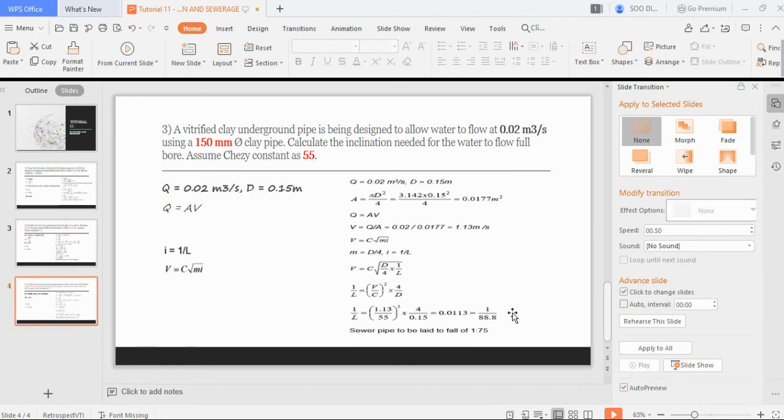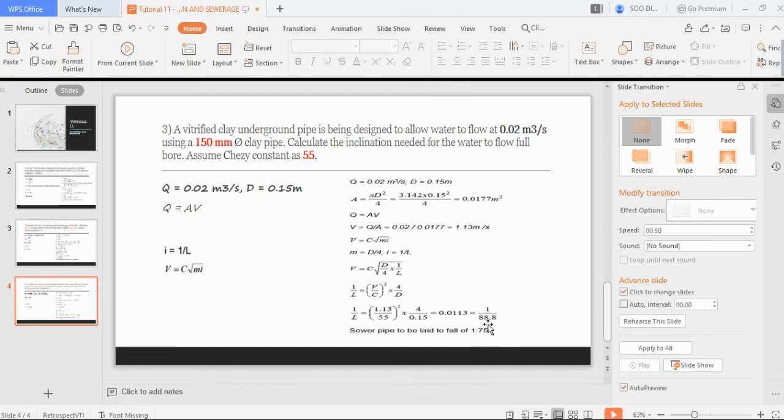So in this case, you want to have your pipe laid at 1 to 75. But for this question, it's just asking you to calculate the inclination needed. So if you just end it here, it'll be good enough.